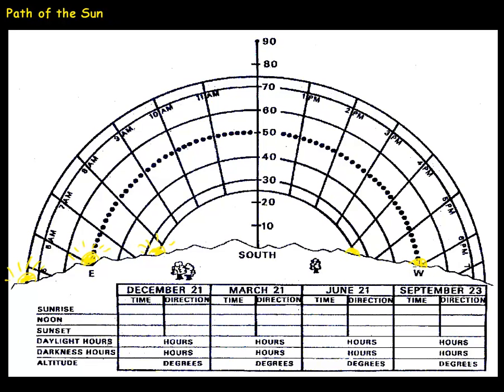Drawing them in those three locations. One for the winter solstice, one for the equinox, spring and autumn, vernal and autumnal, and then one way over here for the summer solstice. Okay, if we look at the 4 dates that are shown here, December 21st, if I go over here, this represents the winter solstice.